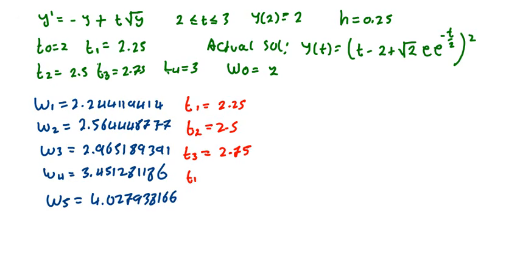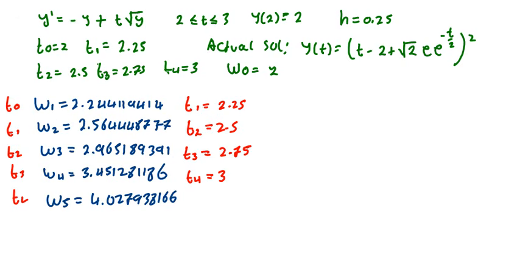This is when you have t4 equal to 3. I'm not talking about how you were coming up with them. When you're coming up with w1, you used t naught. For this one, you use t1, you use t2, you use t3. Here you use t4, which is this one.